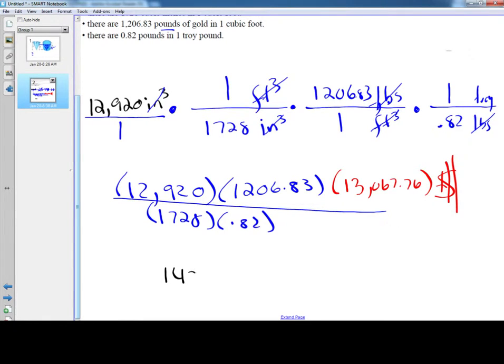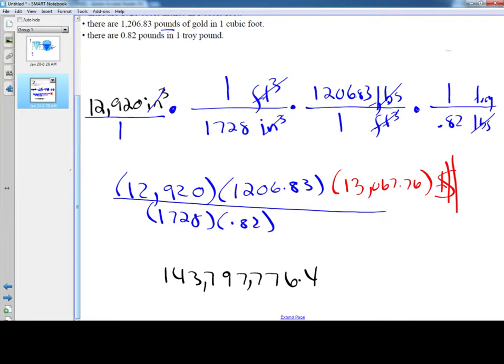So 143797776.4. That came out right. What the heck? When we did it yesterday, we didn't get that number, and it was the same numbers. Maybe my calculator's off. But that's the number right there.